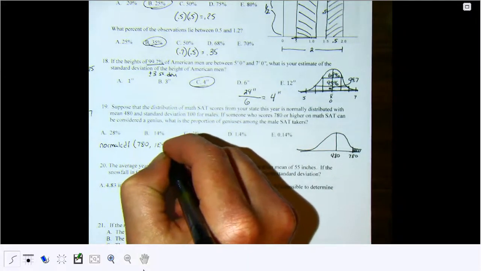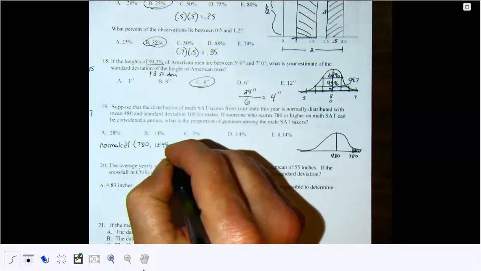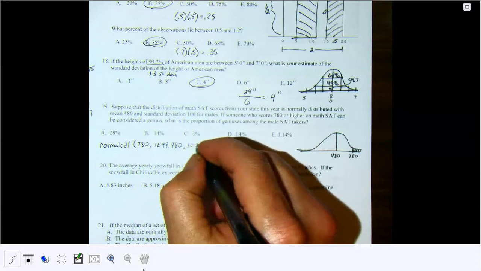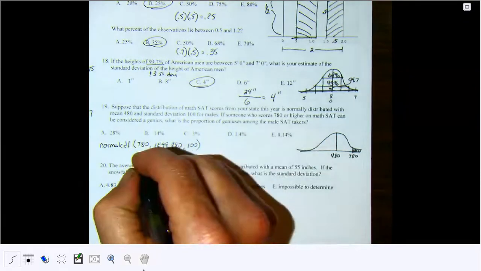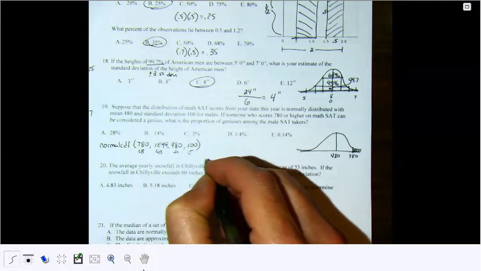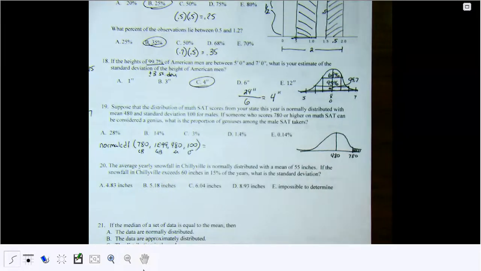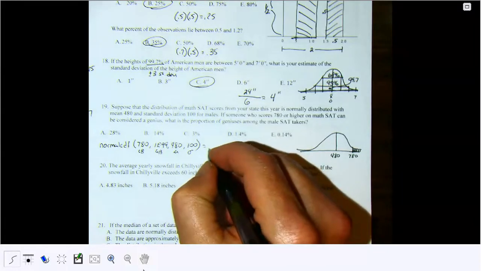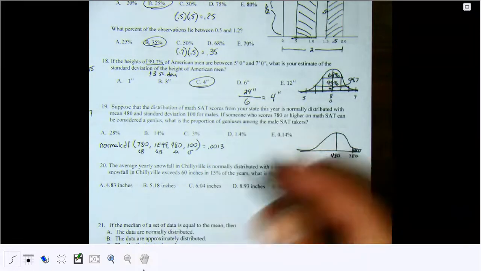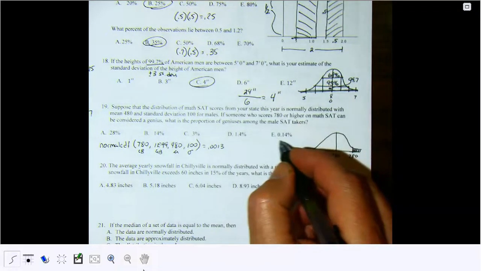Infinity is my right boundary. It has a mean of 480 and a standard deviation of 100. Again, lower boundary, upper boundary, mean, and standard deviation all have to be included. And if we do that, that's going to give me 0.0013, which is 0.13% roughly. And E is going to be my closest to that.